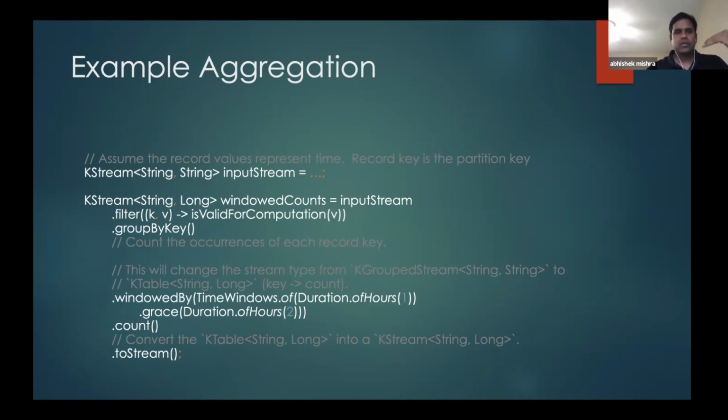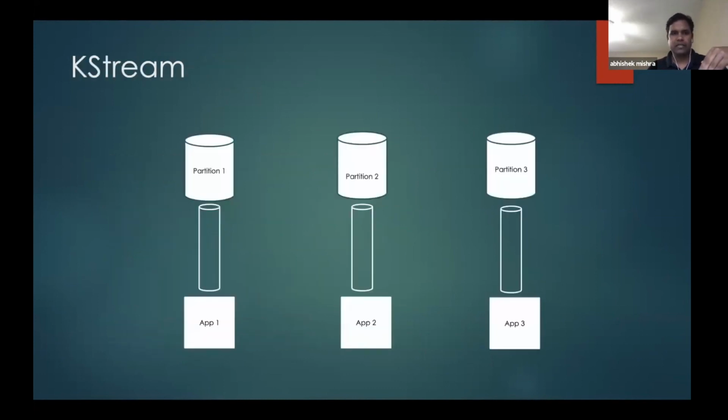So you can group by that key, count them, and get the count by an hourly window. And we'll see how internally the counts are stored in Kafka Streams.